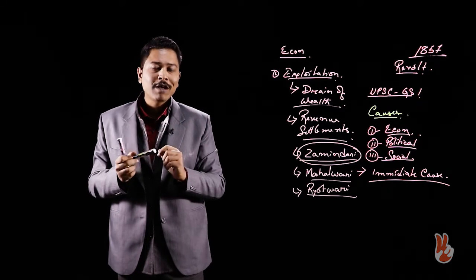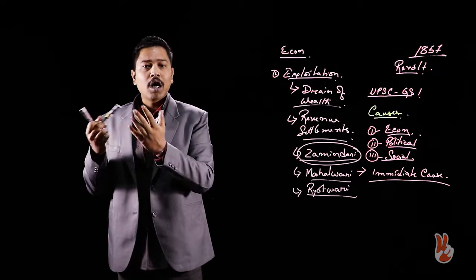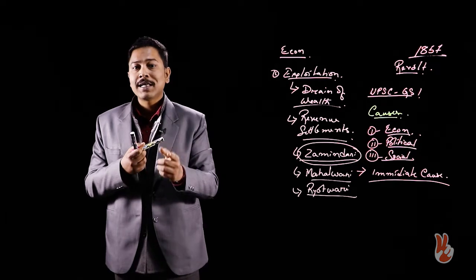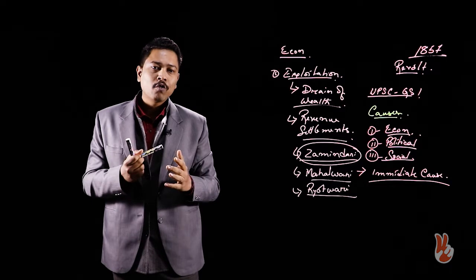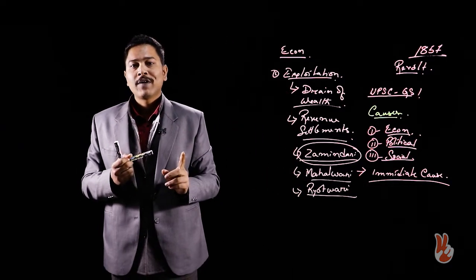Highest bidders, of course, come mostly from the money lending classes, mostly the classes from the urban society. And when they move into this rural society, its social composition completely changes over time.